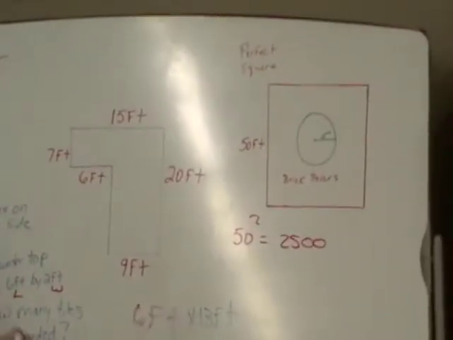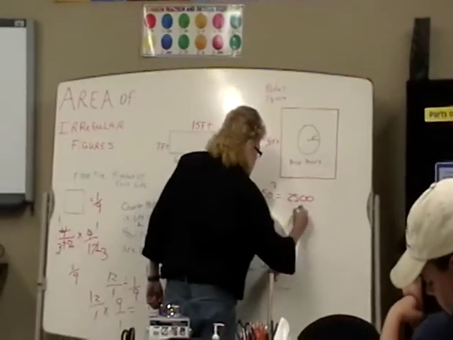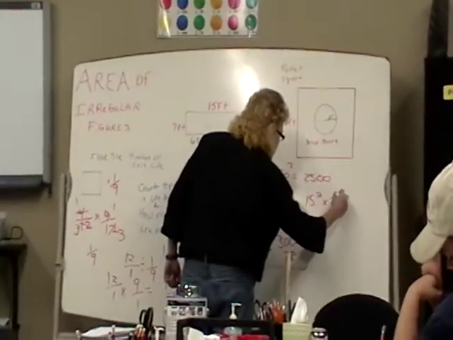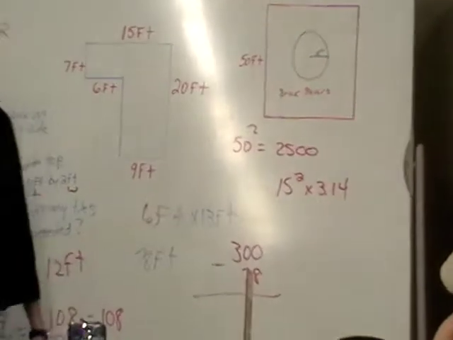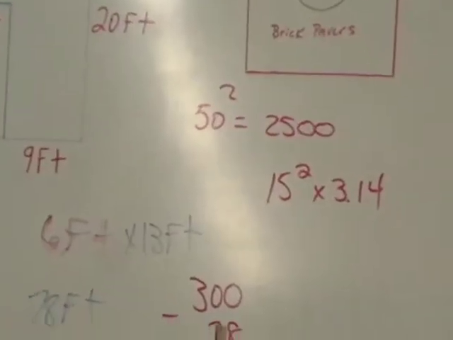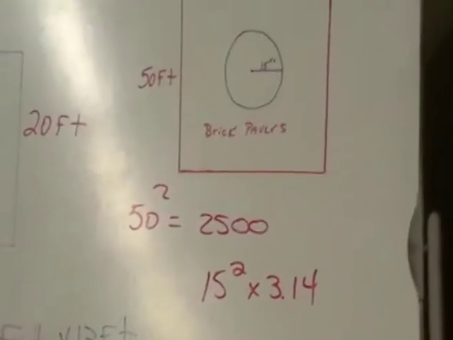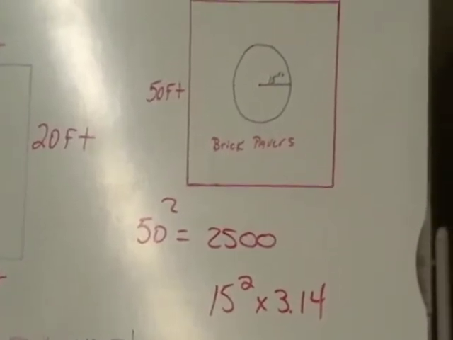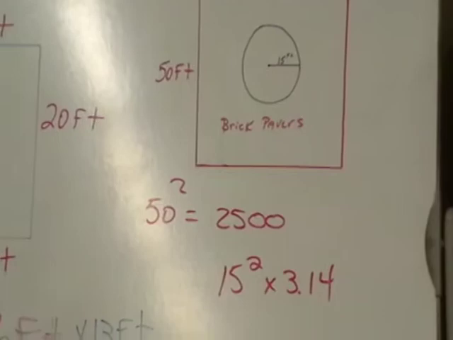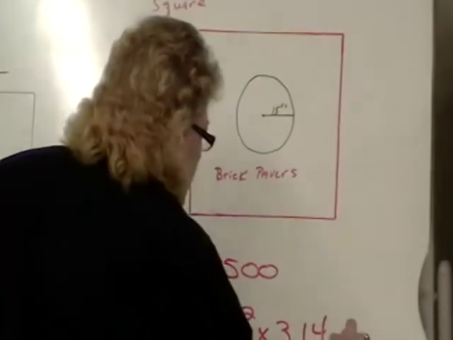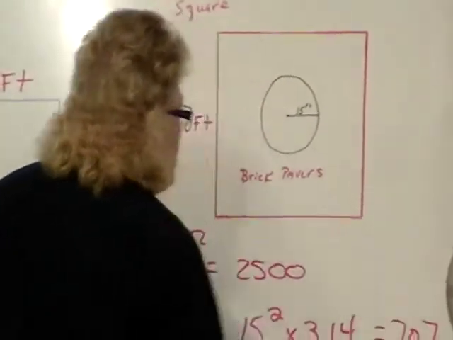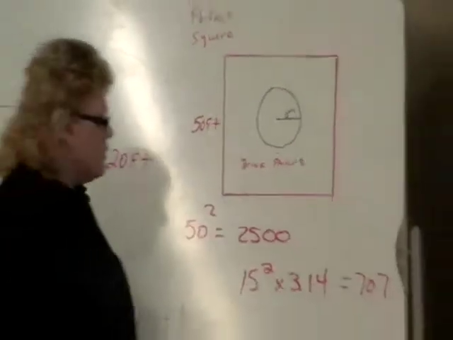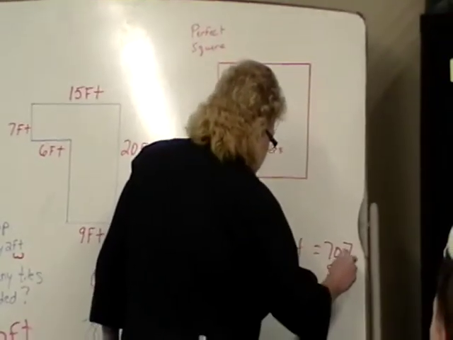So we got 15 squared times 3.14. What does that come out to be? 706.5, which we'll round up to 707. Okay. So the circle's taking up 707 square feet.